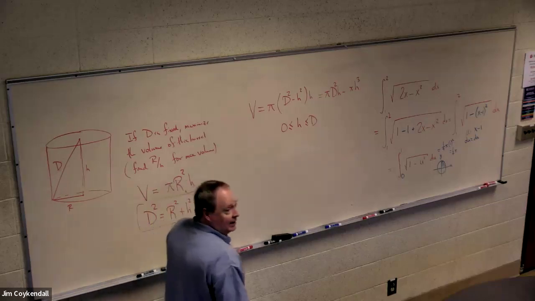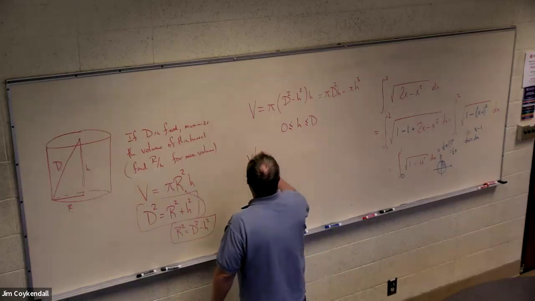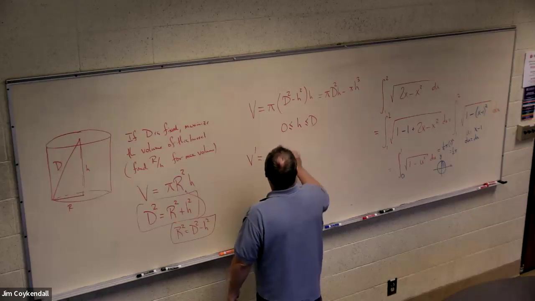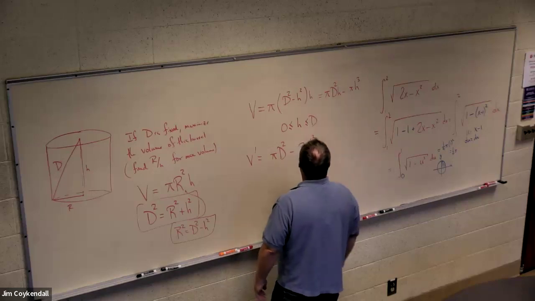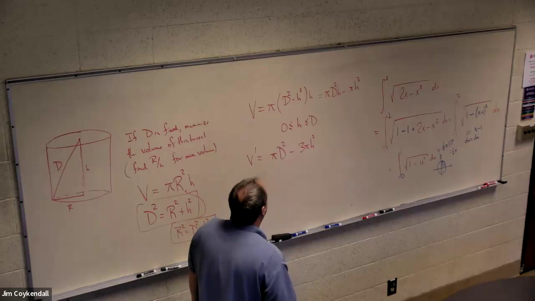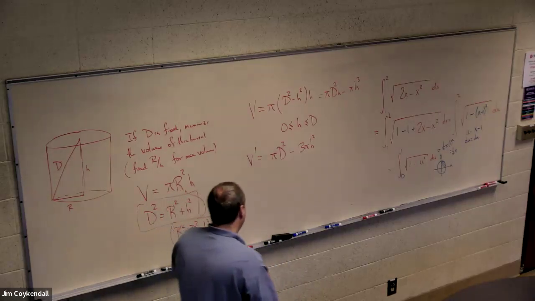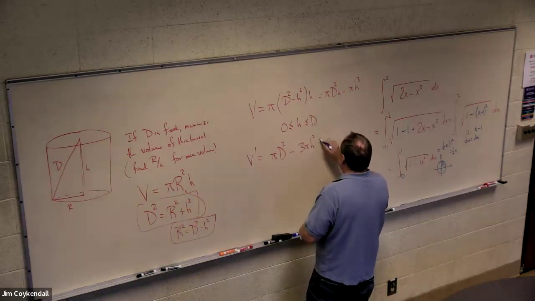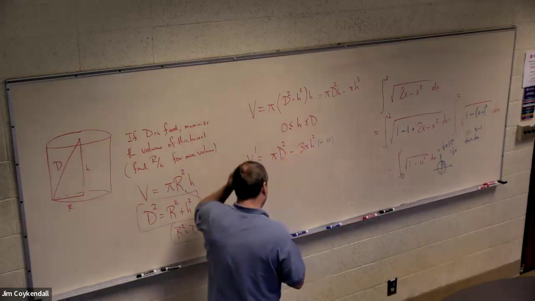I'm liking this problem because it's a continuous function. So let's take the derivative of this one. I get pi D squared minus 3 pi H squared. And there's nowhere this is undefined, because it's a polynomial.